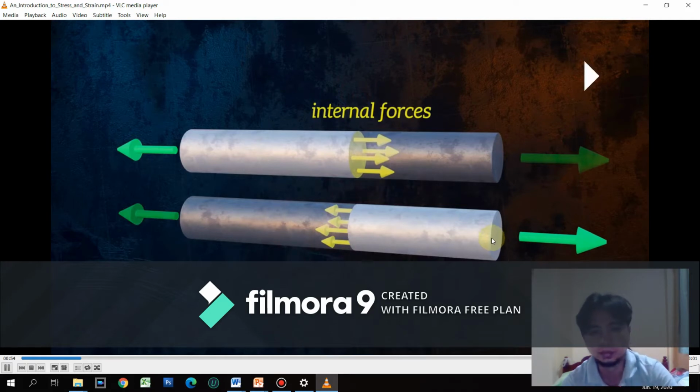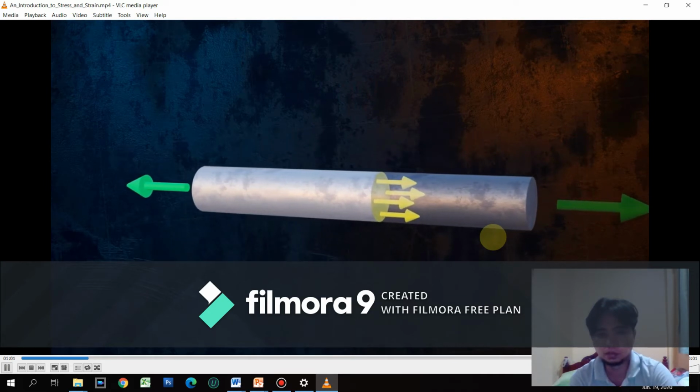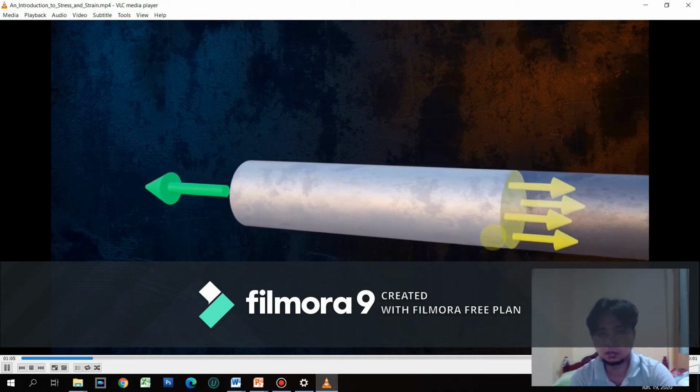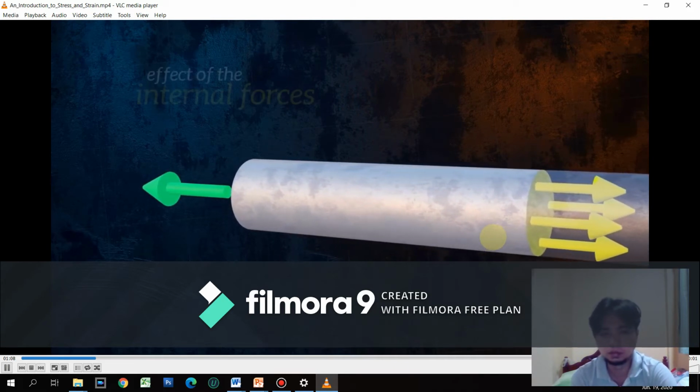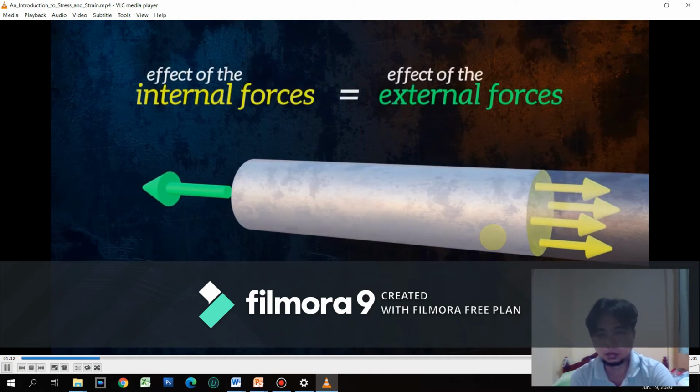Okay? For any imaginary cut like this one, the internal forces develop in such a way that equilibrium will be maintained. In this case, the effect of the internal forces acting on the cross-section created by our cut will be equal to the effect of the applied external force.